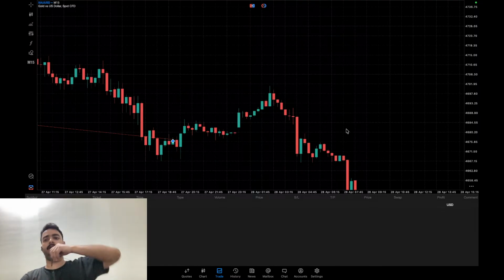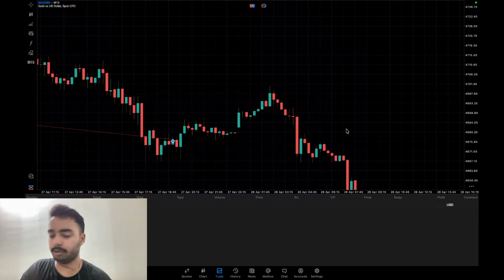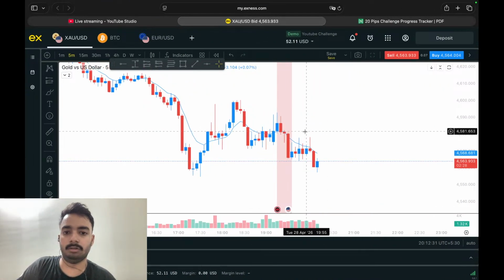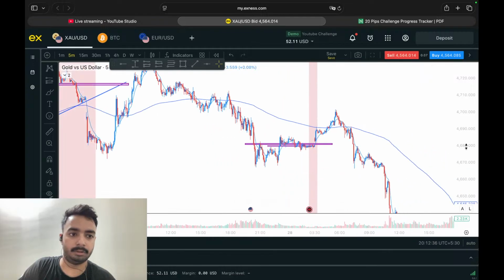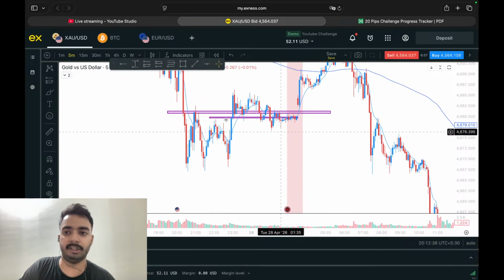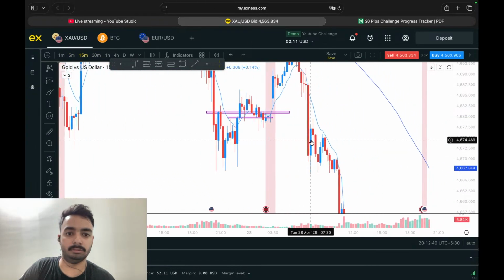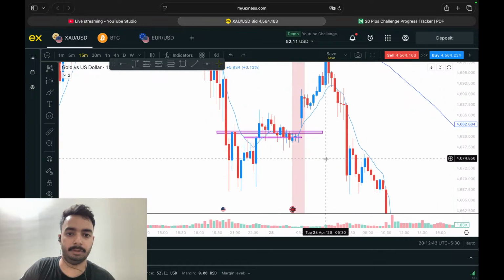Yesterday night we didn't get any trade, but we were still planning one. I'll quickly overview that. We were analyzing this setup on the 5 minute. Let's switch to the 15-minute time frame.